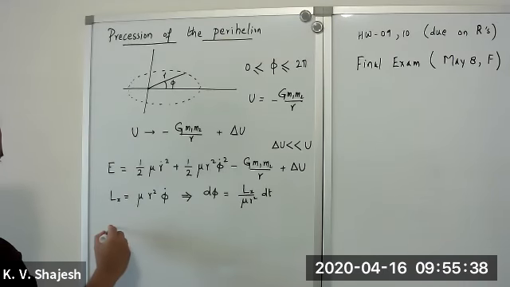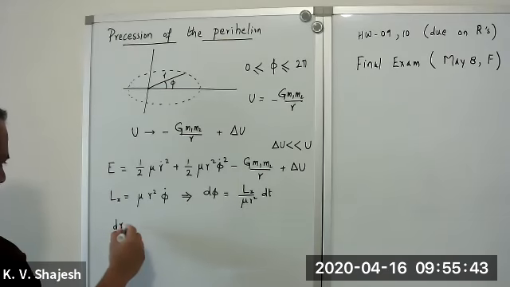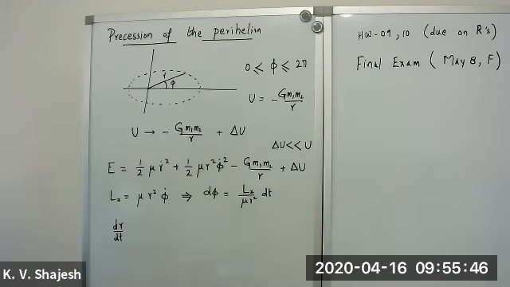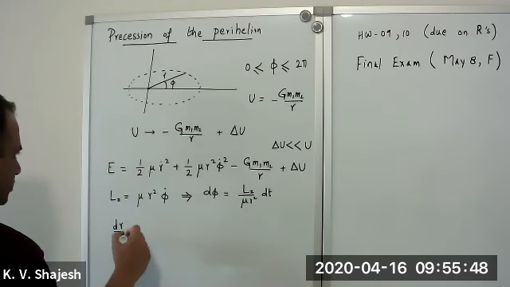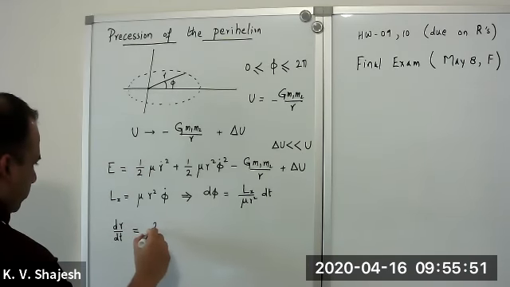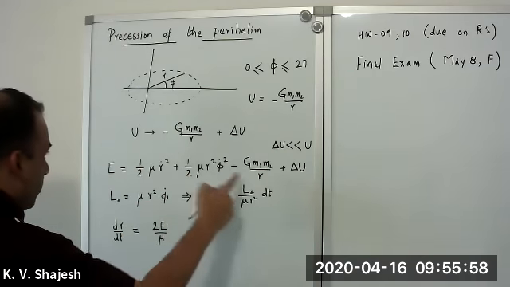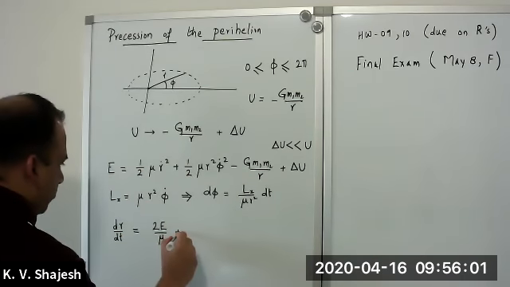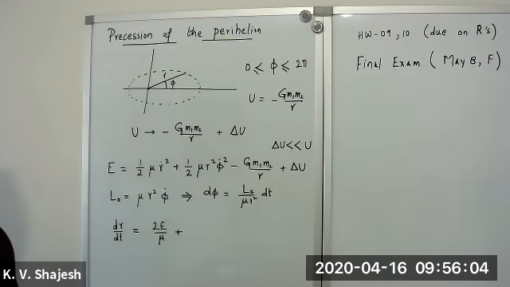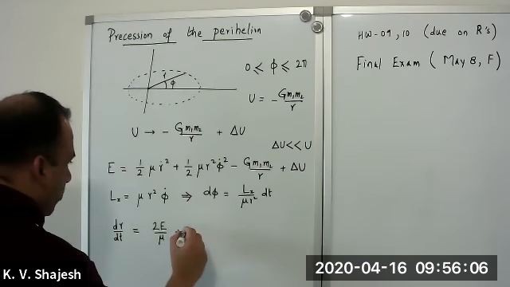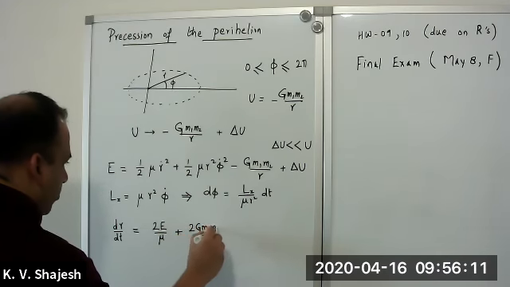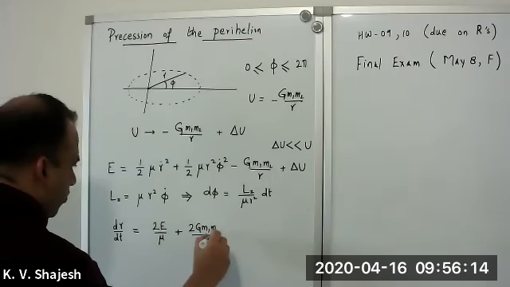So dr by dt square will be equal to 2E over mu. Bring this to the right, so multiply by 2 and then divide by mu. So this is 2 G m1 m2 over mu, 1 over r.